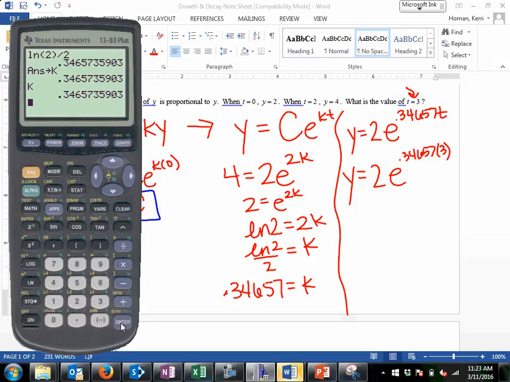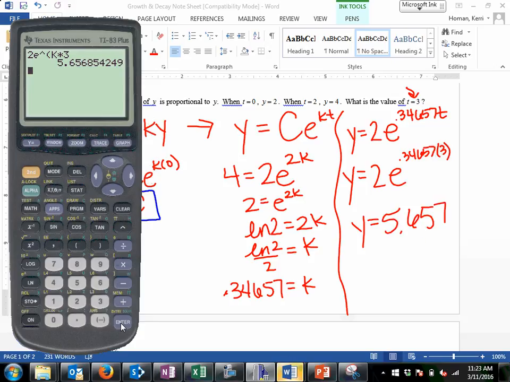So with my calculator I'm going to say 2 times e raised to the k times 3. So we have 5.657.